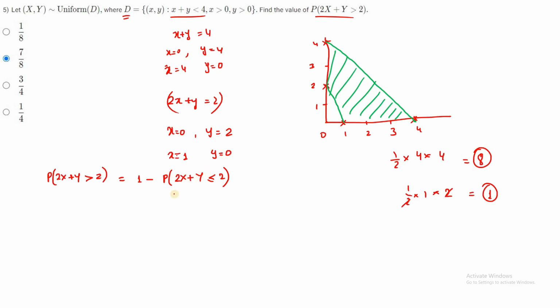So now this is nothing but 1 minus, what is the probability of this? In the entirety of D, it has only this, that is nothing but 1 over 8. Again, this simplifies to 7 over 8.